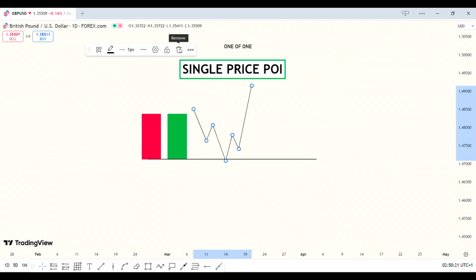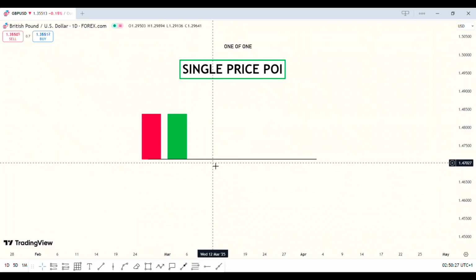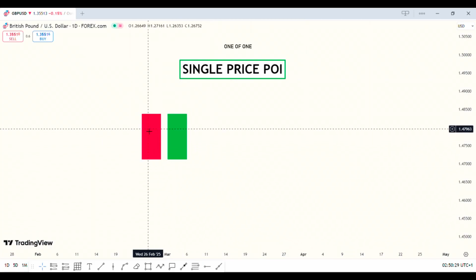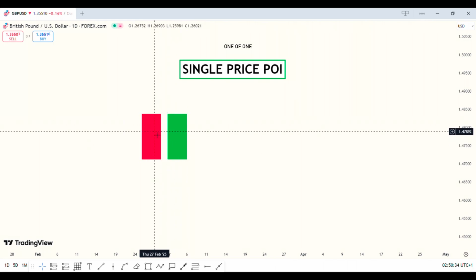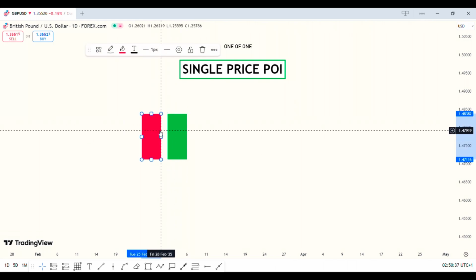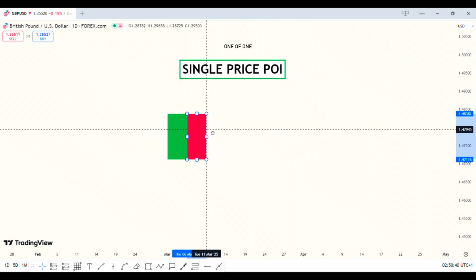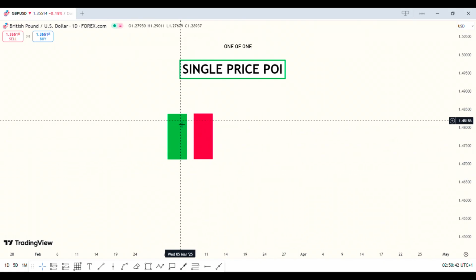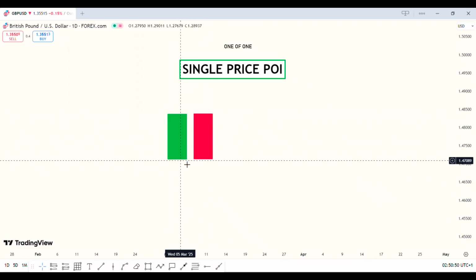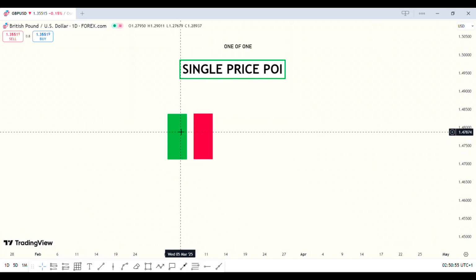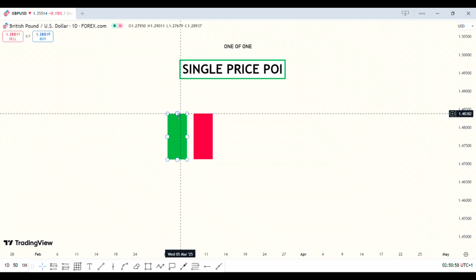There are different ways that these closing prices can occur. We can have two candlesticks of different types, a bearish and a bullish candlestick in this case, or maybe a bullish and a bearish candlestick. In this case, this would be the opening price, of course, because this would be the closing price, because price opened up here, formed a bullish candlestick and closed above.